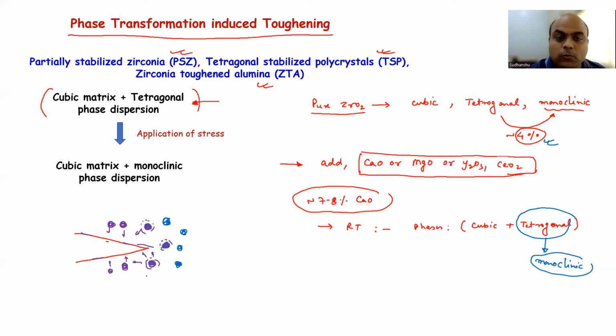Similarly, if you say zirconia toughened alumina, right, that also has very, very high toughness, that is ZTA, right? So there you have alumina and we are adding zirconia. Now what will happen? This zirconia is tetragonal phase, then in front of the crack tip, it is going to convert to monoclinic, and that will lead to the increase in volume locally, and therefore it will induce the compressive stresses.